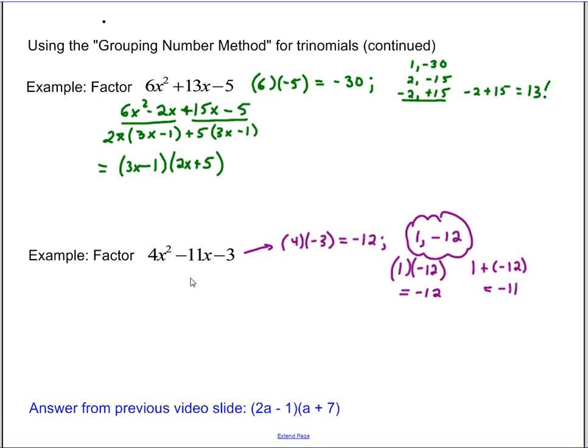So we're going to split up our middle term using 1 and negative 12. So this is going to become 4x squared plus 1x minus 12x minus 3.